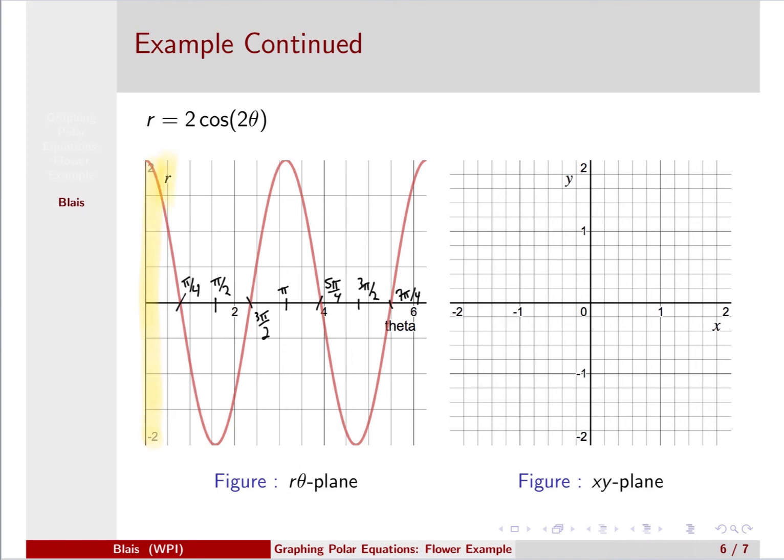A good natural first piece to use is this stretch here where theta ranges between 0 and pi over 4. 0 to pi over 4 as a range for theta is 0 to the line y equals x.